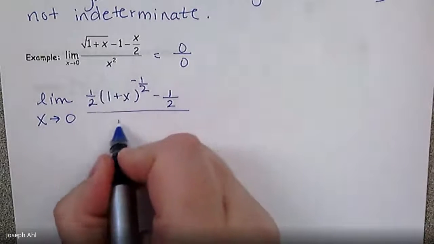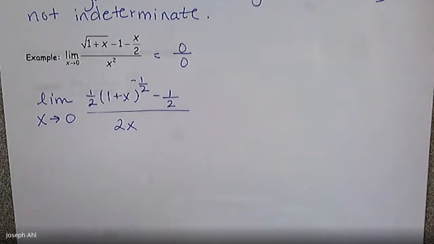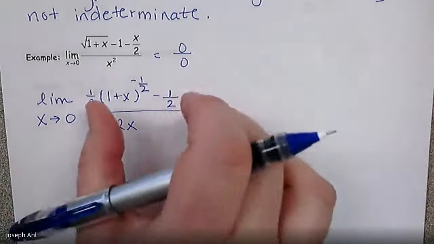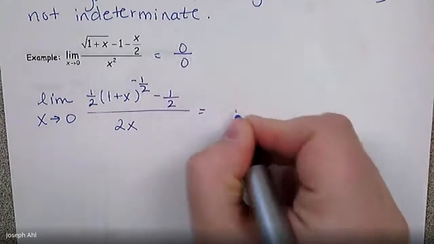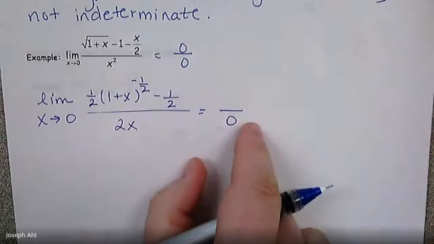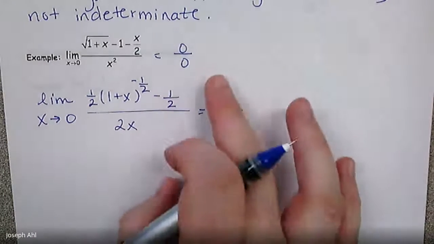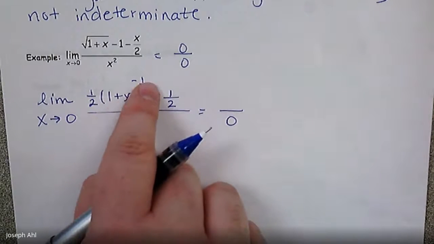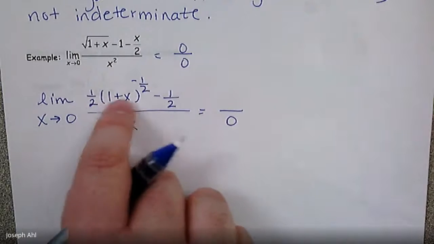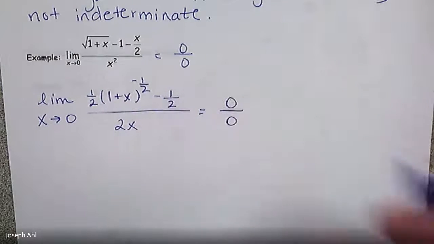In the denominator, we get 2x for the derivative. So now that I have the derivative of the top and bottom set, when I plug in 0, I know I definitely get 0 on the bottom, which does not necessarily mean we're going to get 0 over 0, but let's check it out. If I plug in 0 up here, you get 1 to the negative 1/2, which is 1. Half of 1 is a half. Yep, half minus half is 0.